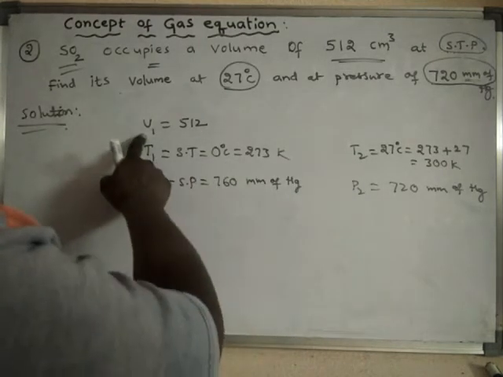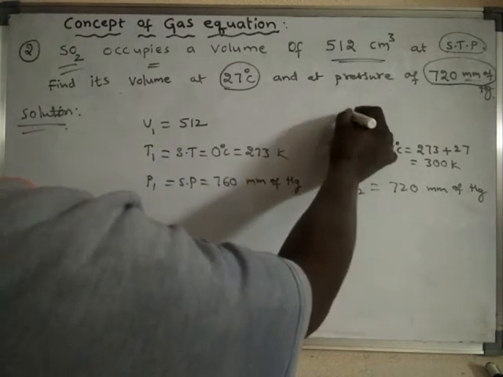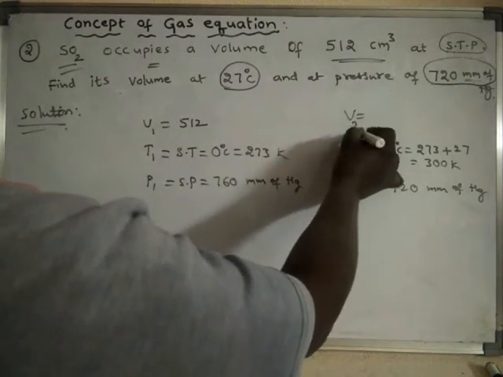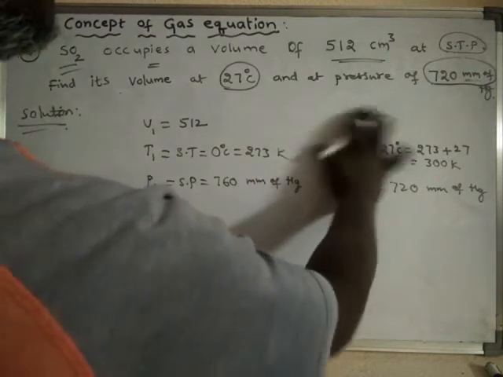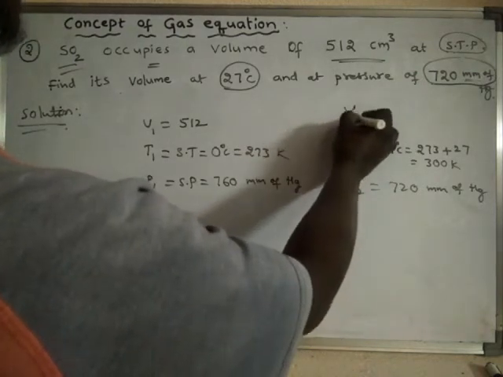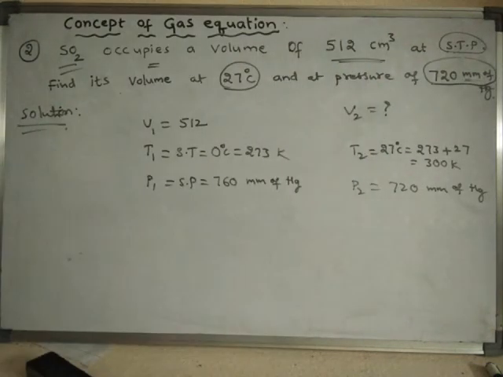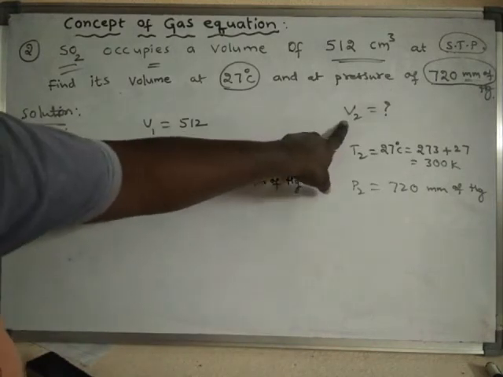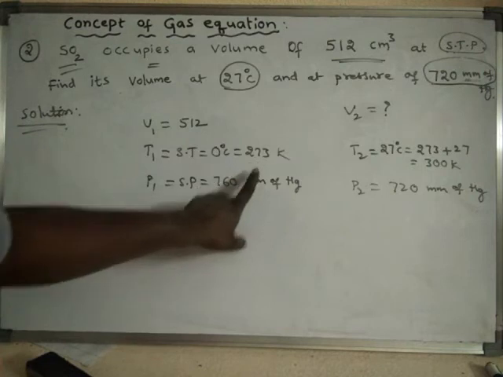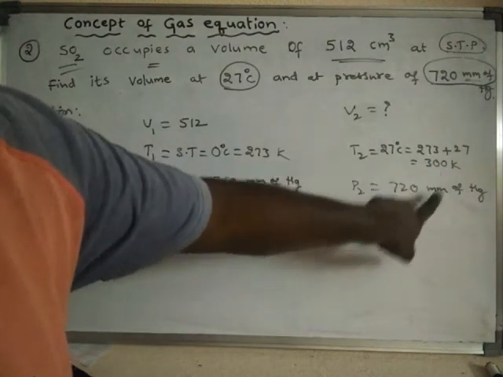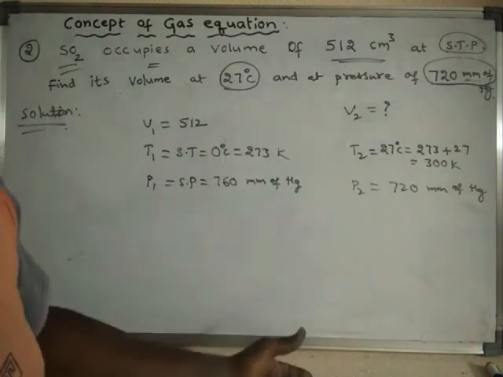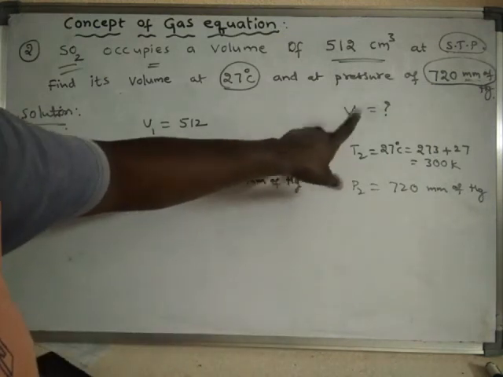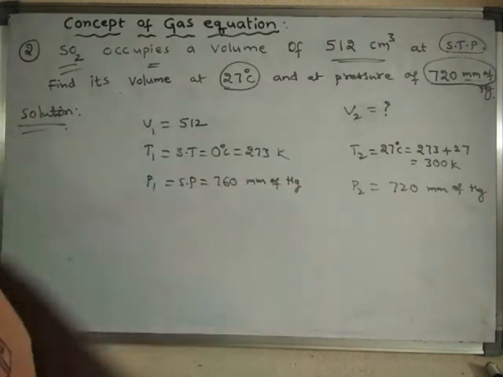And the initial volume, if it is this much, then what will be the final volume of the gas? So here we have to find the change in volume, when the initial temperature and initial pressure are changed to some other values. What will be the new volume, or else what will be the change in volume?